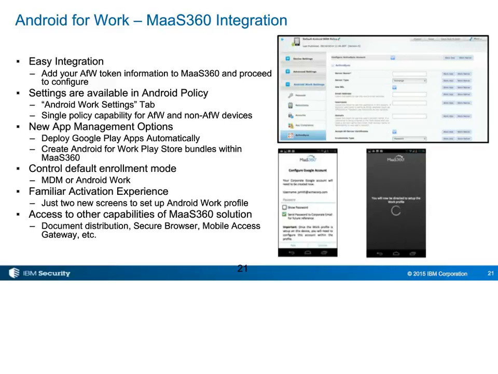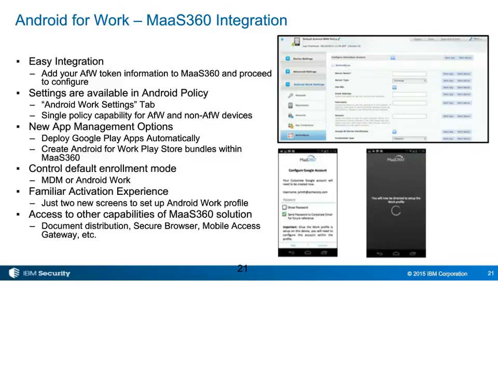So you can upload your application from the Android Workplace, Marketplace, or the enterprise applications to the portal, just as you would for all devices, regardless of whether they're going to be Android for Work enrolled or non-Android for Work enrolled. But then you can actually create the Android for Work bundles that get pushed to the devices, along with the customized settings that apply to them, such as automatically deploying them.